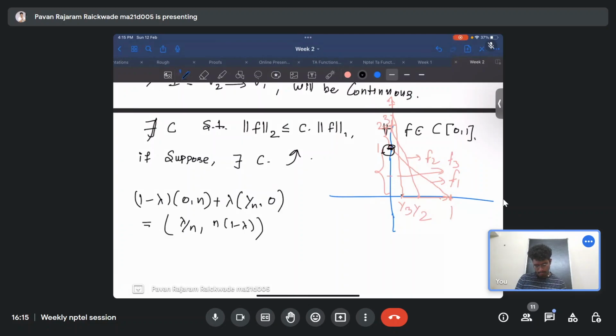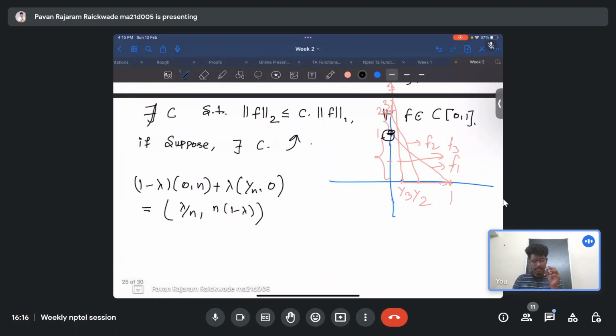Correct? So what will be the equation of this line, connecting the points 0 comma n to 1 by n comma 0? The equation will be y equals n times (1 minus nx).